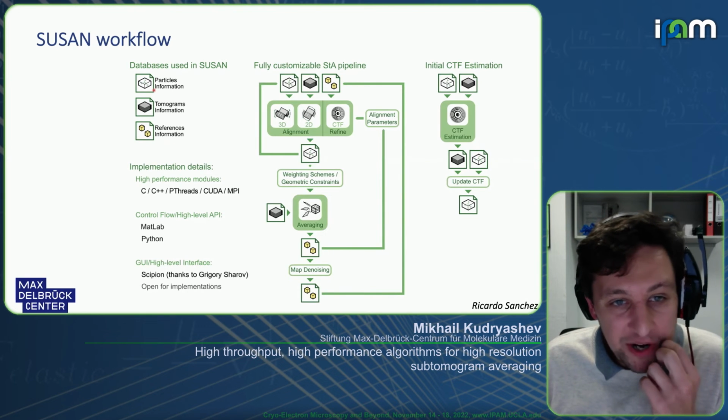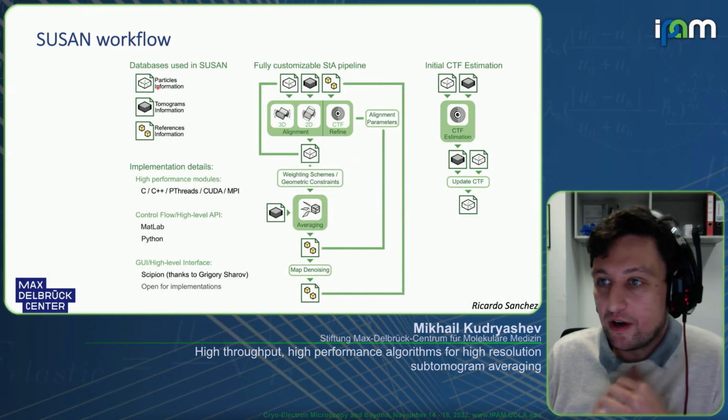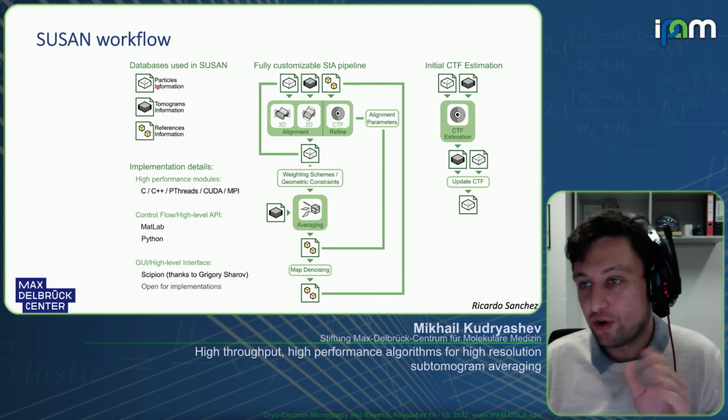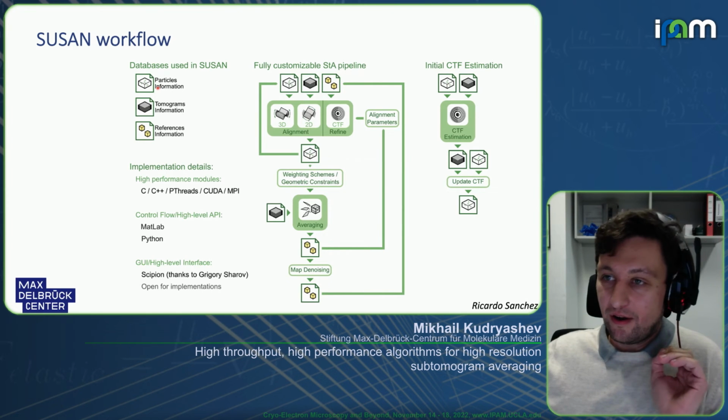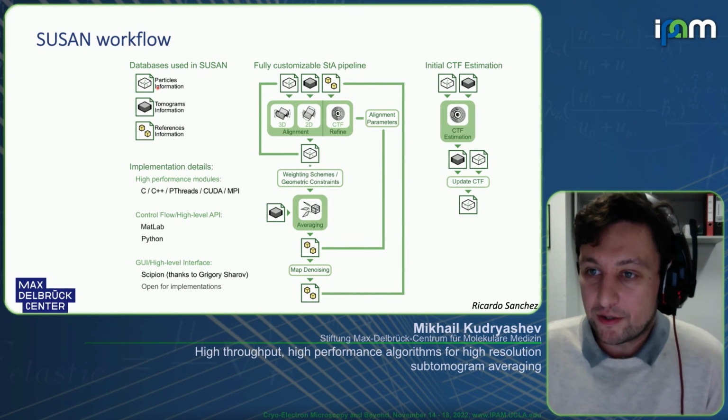You only need to update the particle database after each iteration. So this makes it actually very, very quick. And obviously it scales very well. The more particles you have in a tomogram, the faster it becomes relative to if you were extracting the particles, right?